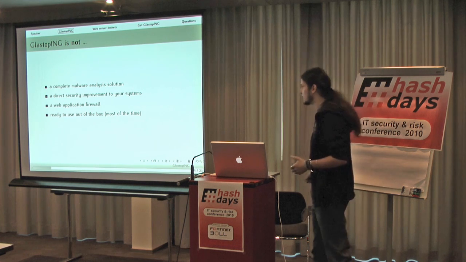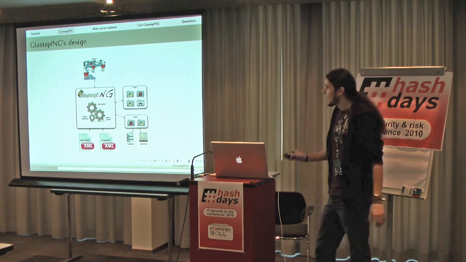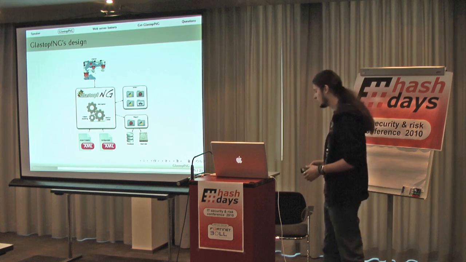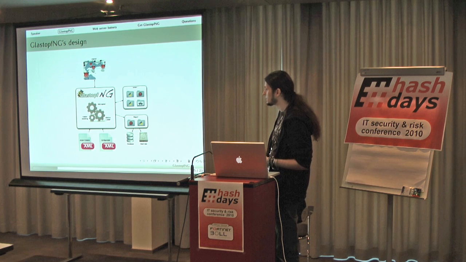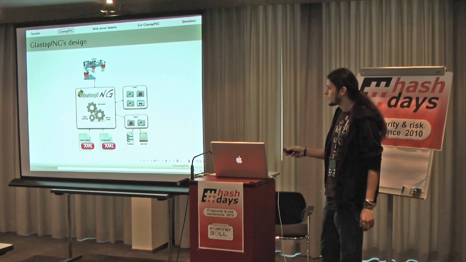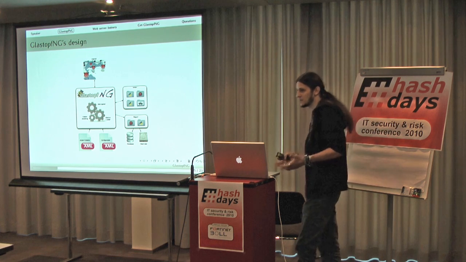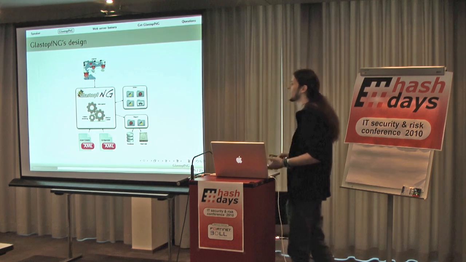The basic structure is like this. Here we have the evil internet. You all know that. Then we have the core of GlastopfNG, which mainly consists of three components. We have a web server, which is the public interface to the evil internet. Then we have a pattern matching engine, which looks at what is happening right now, what attacks and what types of attacks there are.